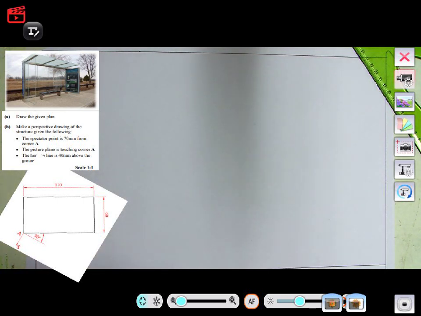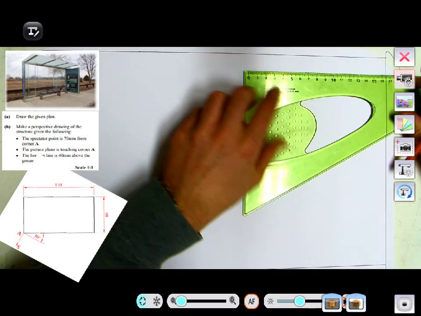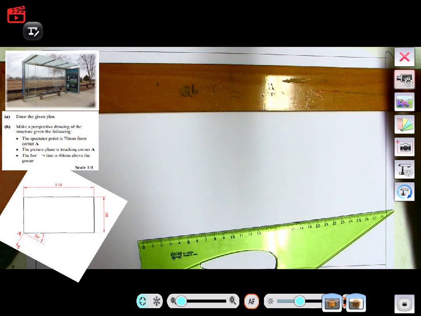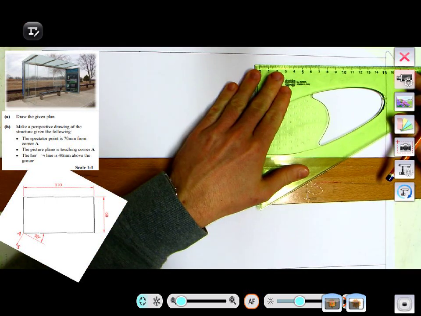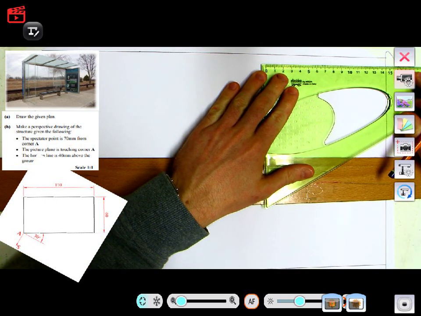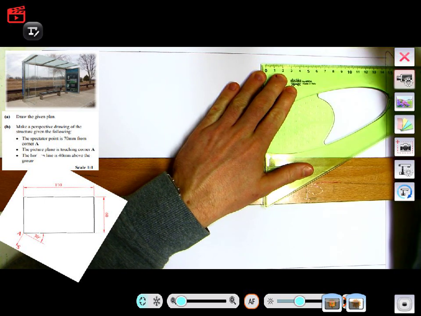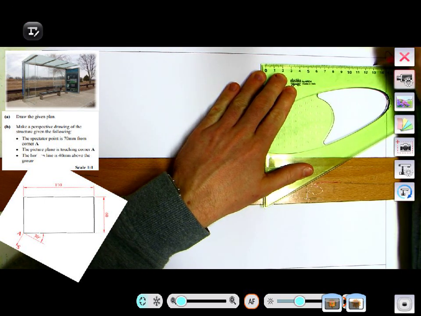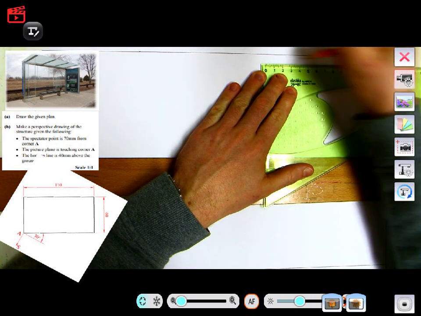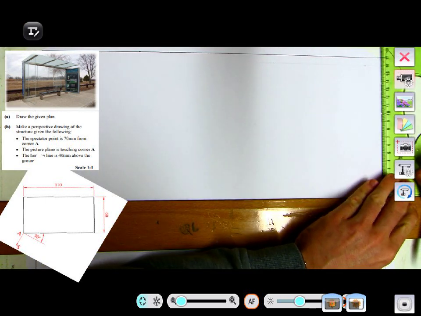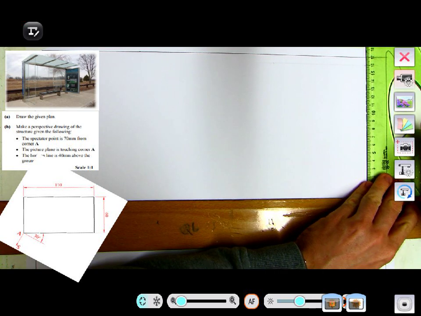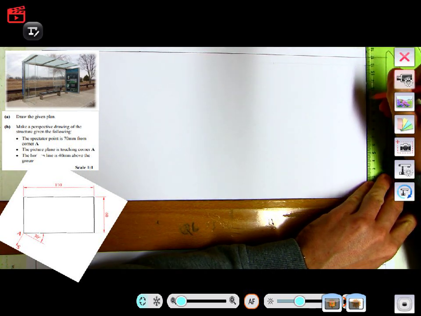I'm going to start off with drawing the plan view. So according to the measurements in the question given, I'm going to draw a couple of construction lines. Okay, so start off with the back of the bus shelter. The measurement is 110 millimeters. So we start off with here and here, that's 110 millimeters by 60 millimeters. This is the plan view, remember. So we're looking down on top of it.